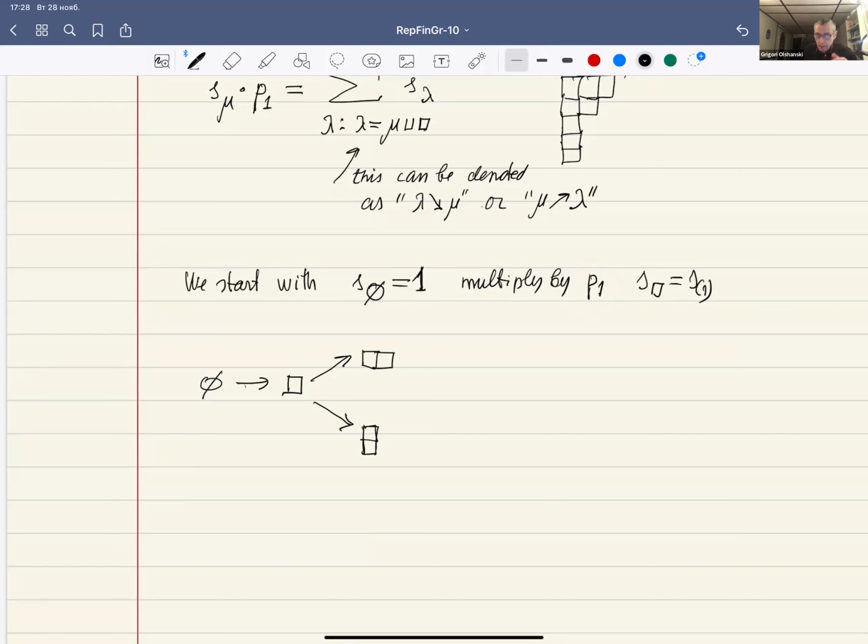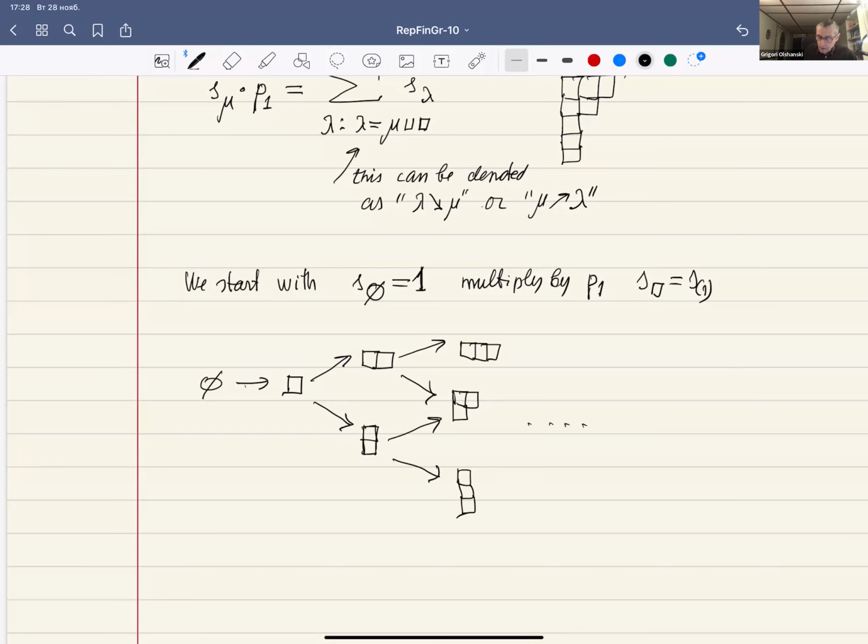Next, we multiply again. So we can get this Young diagram, and from this, one more possibility is as follows, and so on.